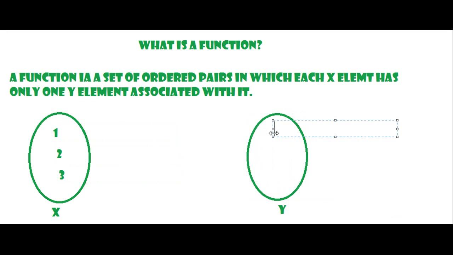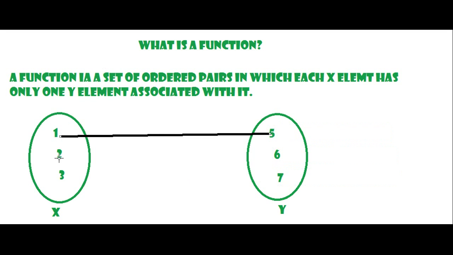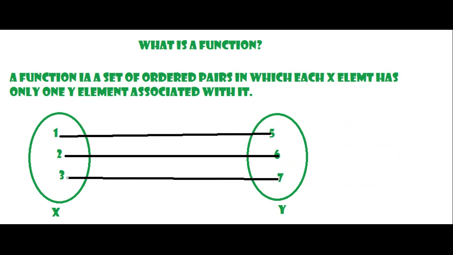Y contains elements 5, 6, 7. Mapping: 1 likes 5, 2 likes 6, 3 likes 7. That means 1 is mapping into 5, 2 is mapping into 6, 3 is mapping into 7.